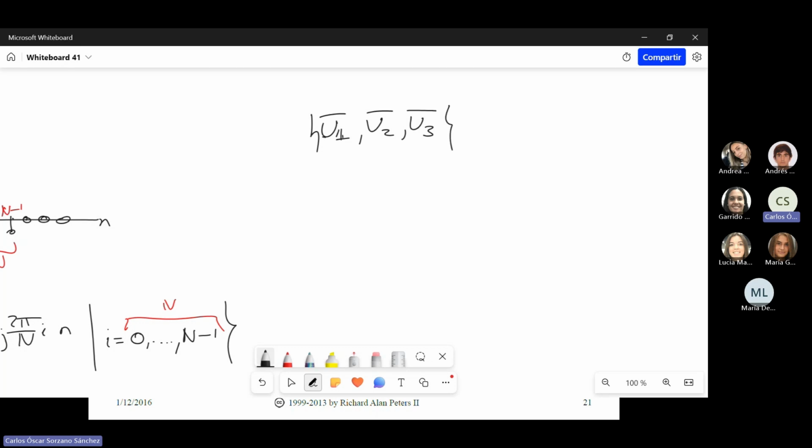They are normal to each other, so they are orthogonal, but they don't have unit length. So you can substitute by u1 divided by the norm of u1, u2 by the length 2, u3 by the length 3. And now they are normal, right?